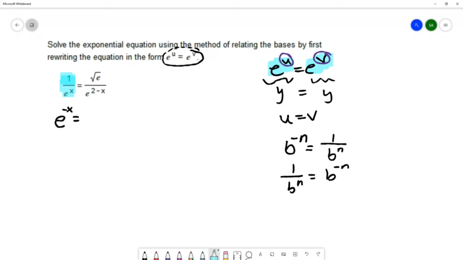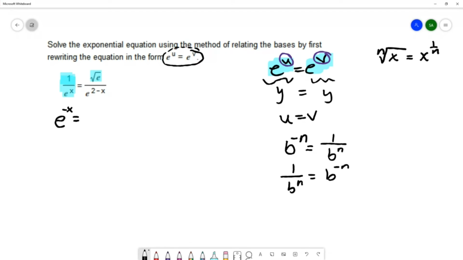The next thing we're going to do in the numerator is notice that we have a radical. And radicals can be written in exponent form. So anytime you have a radical, say the nth root of something, then we can rewrite that as a power, and we're going to use the index, so that should be 1 over n.